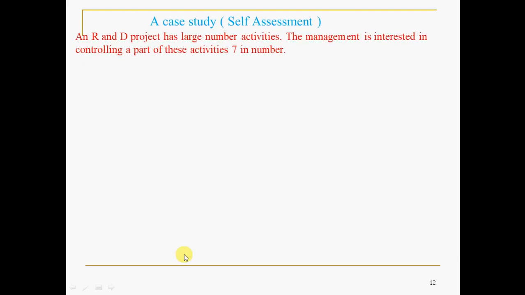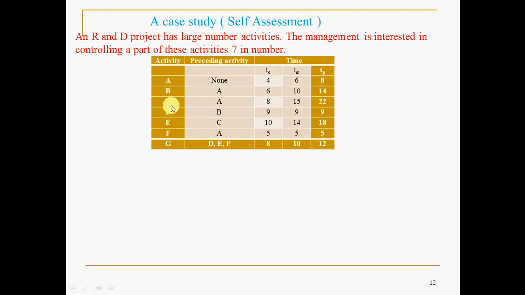Fine. Now let us take a small, simple case study as a self-assessment problem, which indicates how we can use PERT in industry or in a real scenario. An R&D project has a large number of activities. The management is interested in controlling a part of these, which are 7 in number, with the precedence relationship and time estimates in weeks or days given.